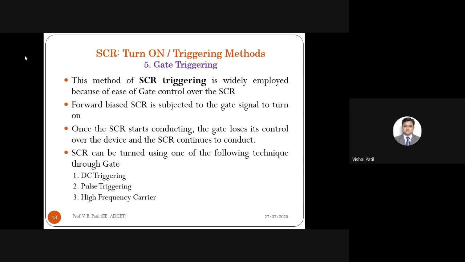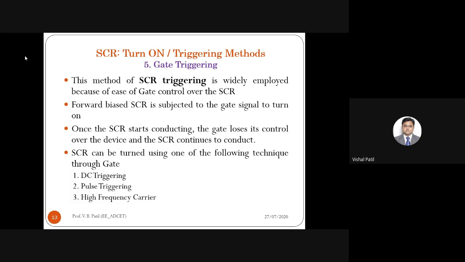This is a sophisticated method. म्हणजे ज्या अगोदरच्या मेथड्स आपण शिकले, डीव्ही बाय डीटी असेल, लाईट ट्रिगरिंग असेल, किंवा थर्मल ट्रिगरिंग असेल, किंवा फॉरवर्ड व्होल्टेज ट्रिगरिंग मेथड असेल, तर या मेथड अडॉप्ट एससीआर ऑन होऊ शकतो, इवन लाईट किंवा थर्मल ट्रिगरिंग पॉसिबल आहे, परंतु व्होल्टेज फॉरवर्ड व्होल्टेज ट्रिगरिंग असेल किंवा डीव्ही बाय डीटी ट्रिगरिंग असेल, या ज्या मेथड्स आहेत त्या डिव्हाइसला डॅमेज करू शकतात, त्यामुळे जास्त यूज केल्या जात नाही.